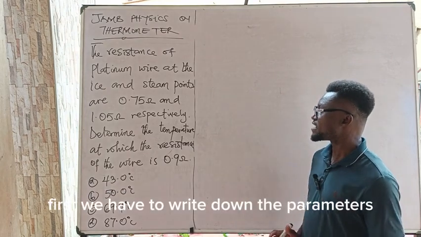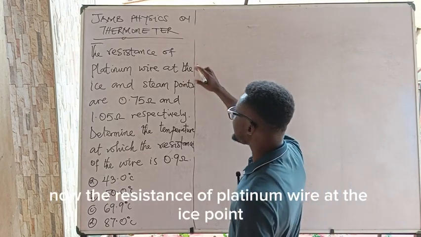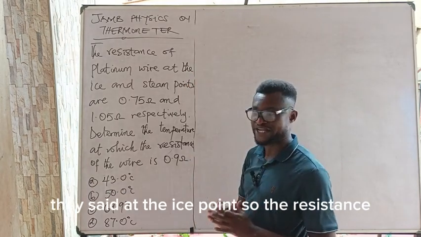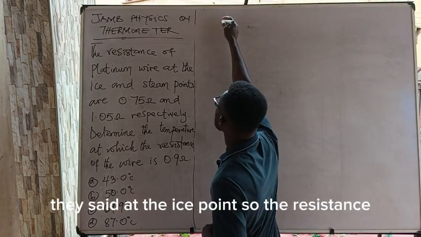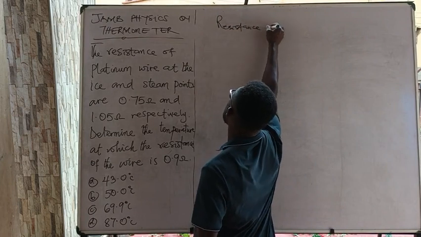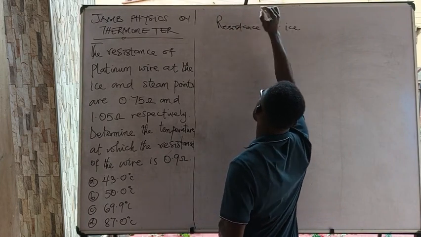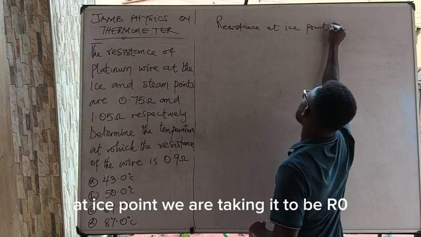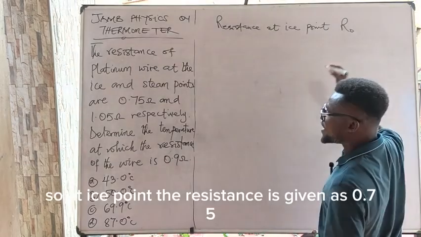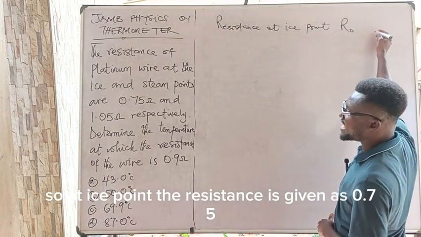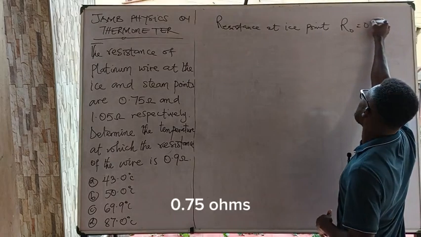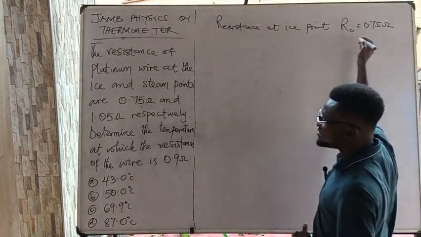First, we have to write down the parameters. The resistance of the platinum wire at the ice point, we are taking it to be R0. At the ice point, the resistance is given as 0.75 ohms.